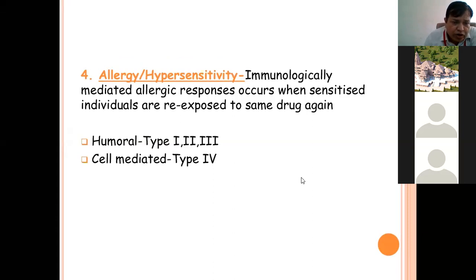Now, humoral: type 1, type 2, and type 3, or cell mediated, that is type 4. These are the hypersensitivity or allergic reactions due to the medicament, or an extraordinary response to a particular drug.